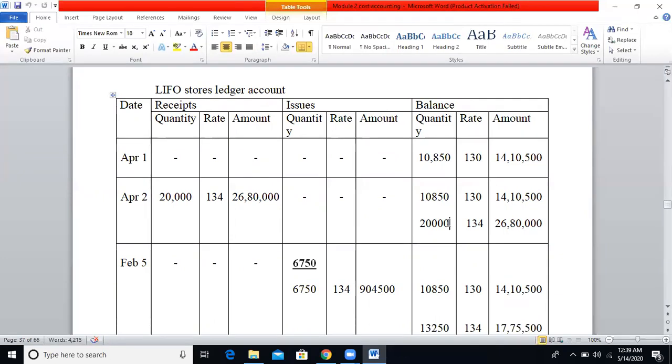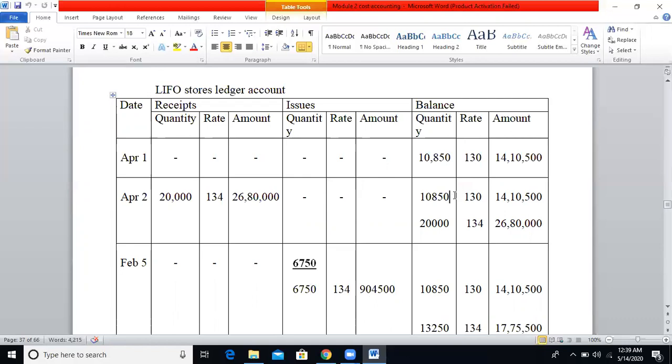Out of 20,000, you have to issue 6,750 units. At what price? You will consider the last purchase price, at the rate of 134.